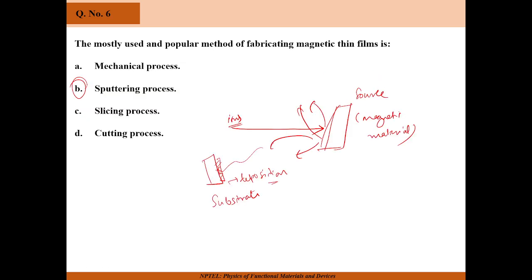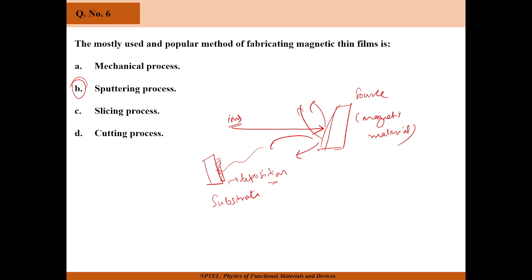What is the most commonly used method for fabricating magnetic thin films? A thin film consists of a few nanometers of material. The majorly used technique is the sputtering process. In sputtering, charged ions are bombarded on the source material, which is a magnetic material to be deposited over a substrate.